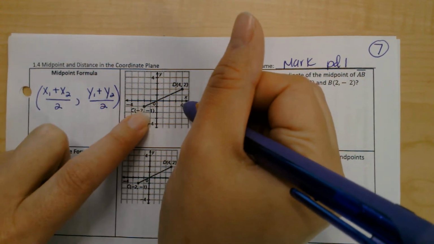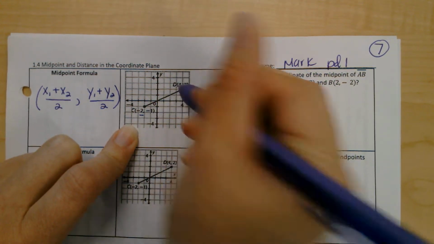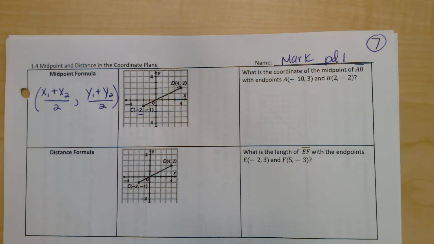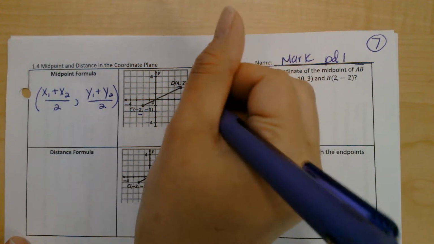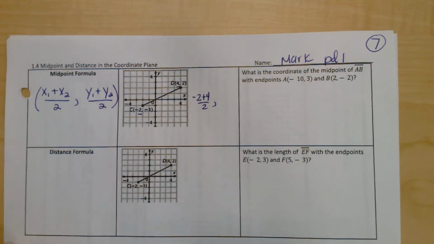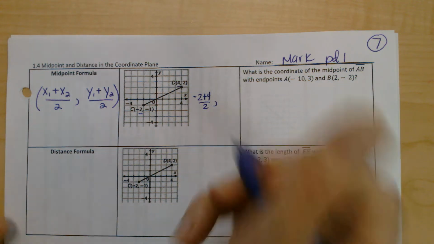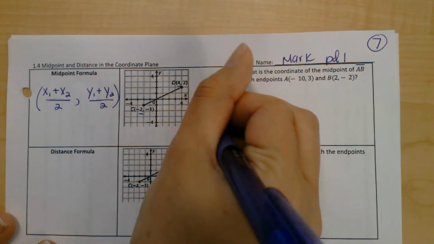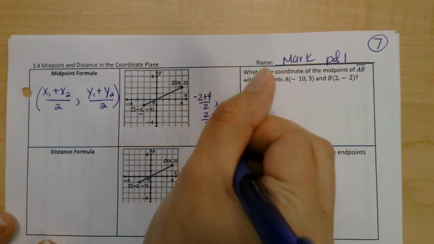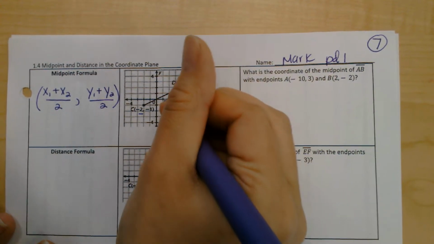So we're going to take the two x coordinates, add them, divide by 2, and we're going to find the middle x. So what would that be? What do you think? 1 for x? Yeah, I got 1 for x as well. So we're going to find where the 1 coordinate is.